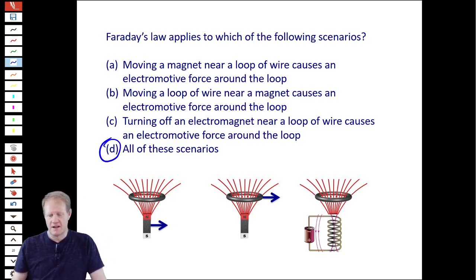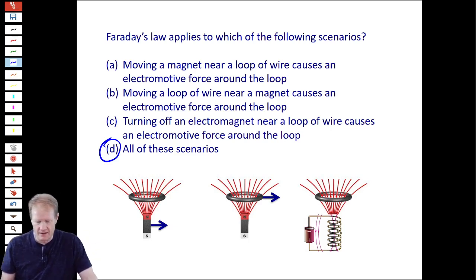Now we did an example where we had the bar moving through the magnetic field, so kind of like the middle case, and we were able to, using the force law for magnetic fields, come up with the right voltage around there. But we couldn't have used that law to do the other cases. It turns out Faraday's law applies to any of these situations.